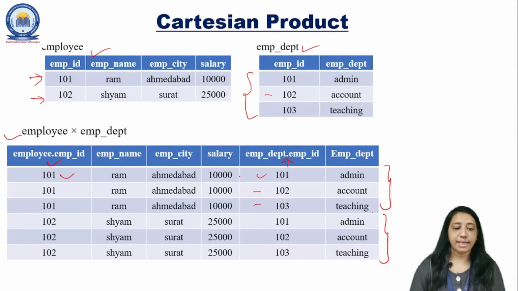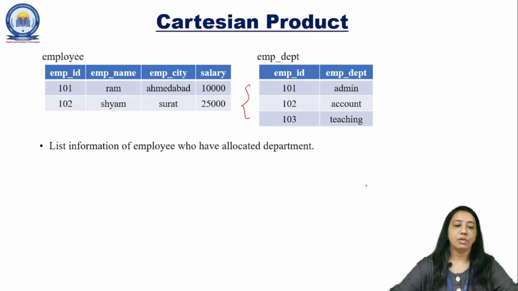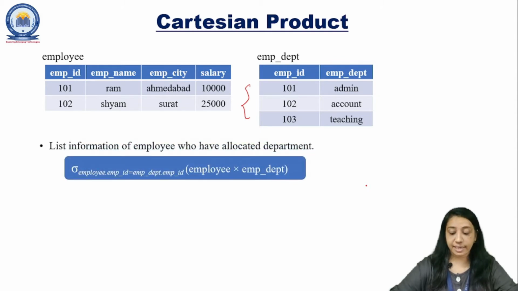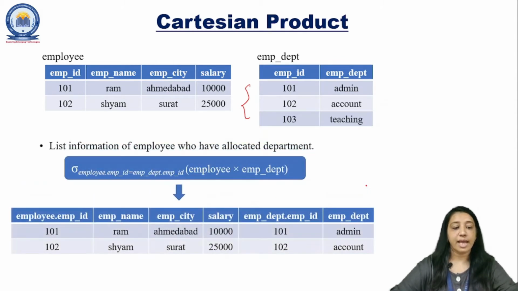So we can say that the 101 ID has the department admin. But in the second row, the ID of employee is 101 and the ID of this is 102. So this does not have any particular information or meaning. So we just need to remove those. For that we need to apply the predicate or a condition, so for that we have to use a select. So here it is.